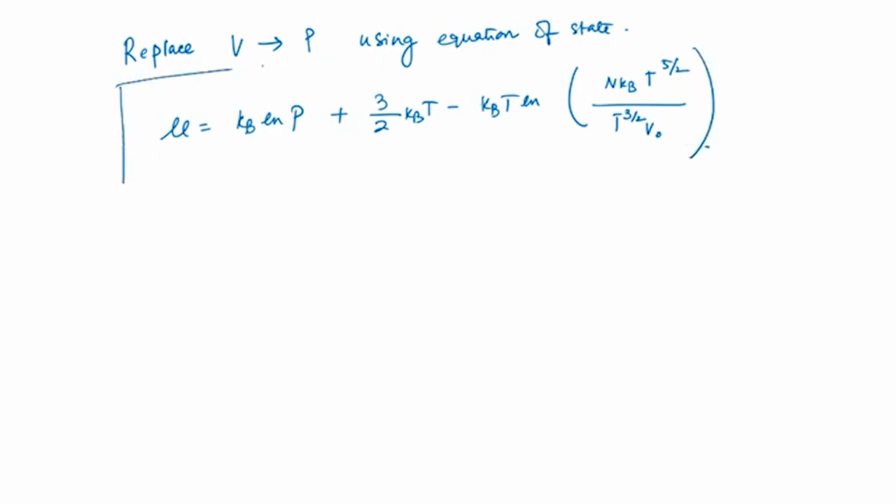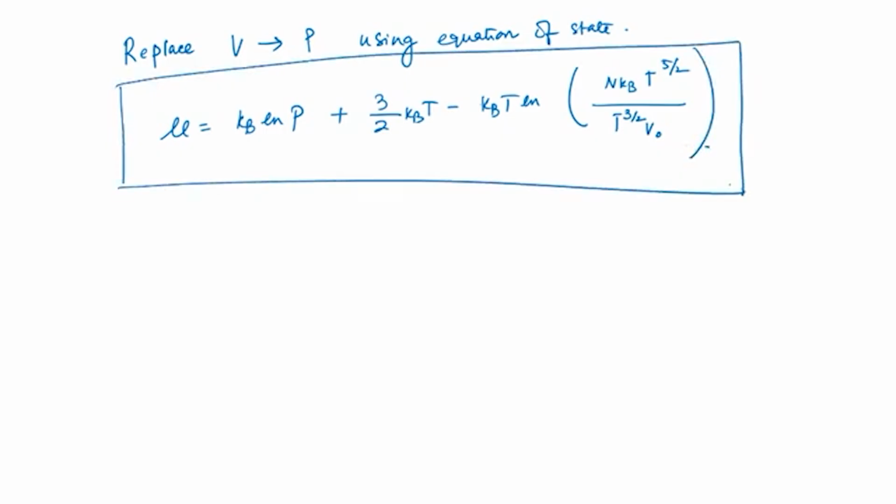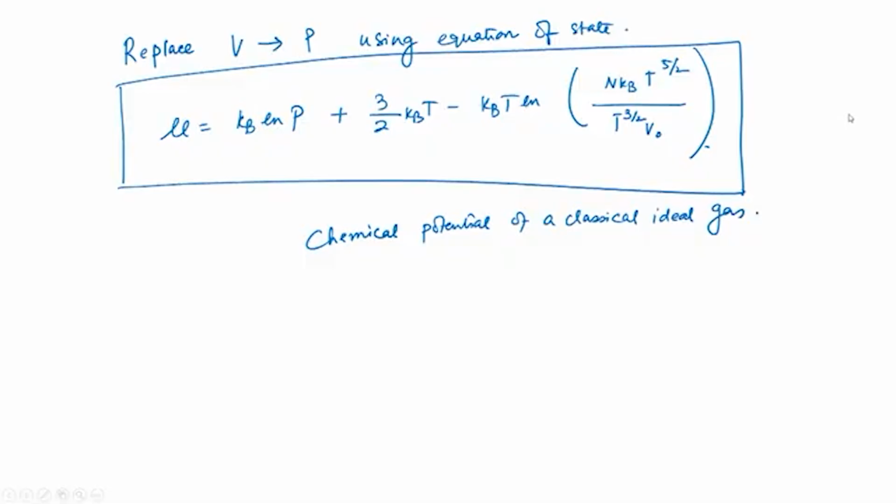So this is the expression for the chemical potential of a classical ideal gas, in terms of all these parameters, P, T, etcetera. So this is the amount of energy needed to add a particle to the gas, to introduce a new particle to the classical ideal gas. Okay.